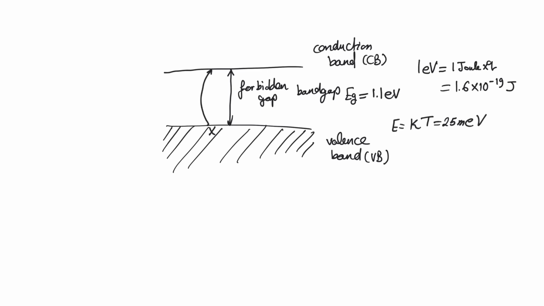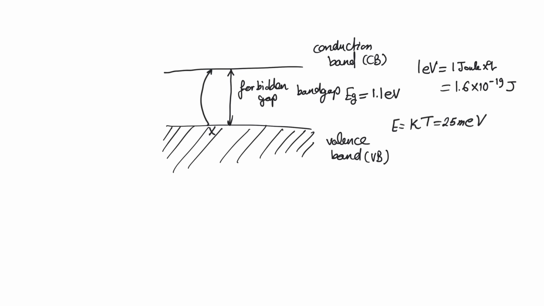So it is 25 milli-electron volt while the band gap is 1 electron volt. So we are talking at least 2 orders of magnitude smaller. The amount of thermal energy in the system is at least 2 orders of magnitude smaller than the amount of energy we need to cross the band gap. So what does that mean? That means that it is really hard for electrons to jump from the valence band into the conduction band.